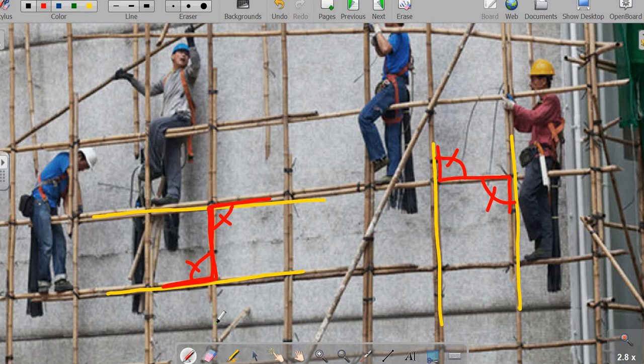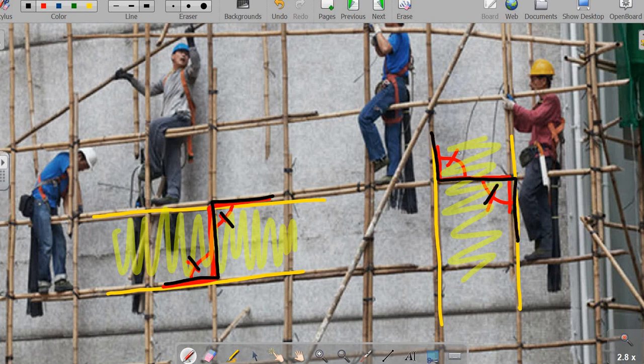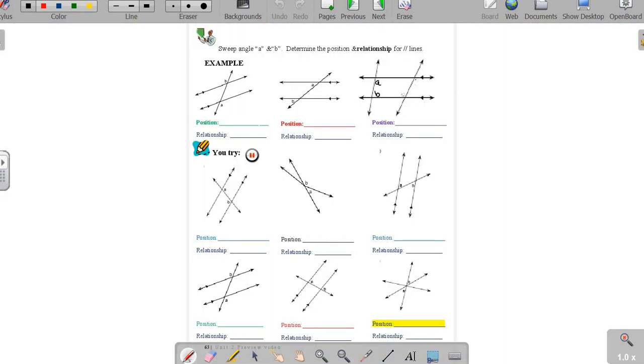They're between two lines, but on opposite sides. Armpit of the Z, and they are congruent. This is only true when lines are parallel. Watch out for those.